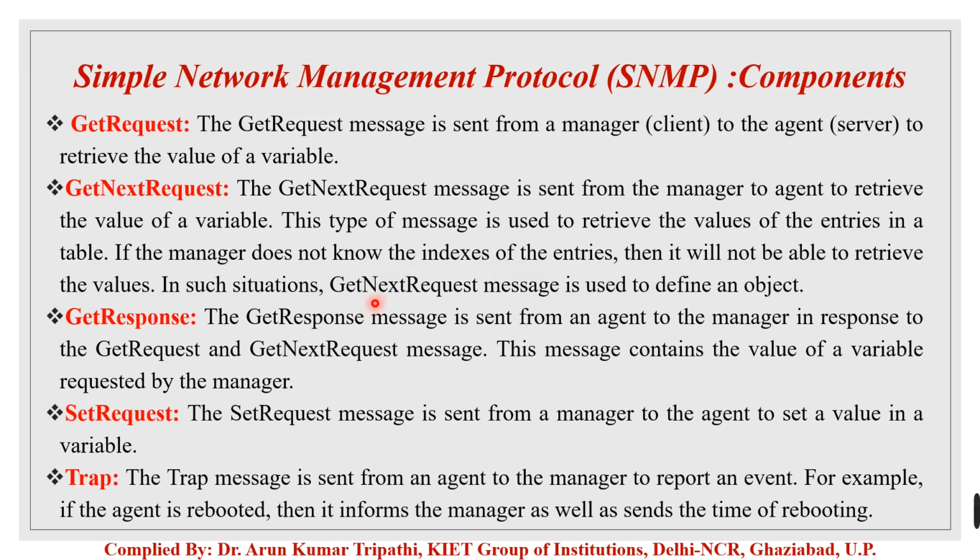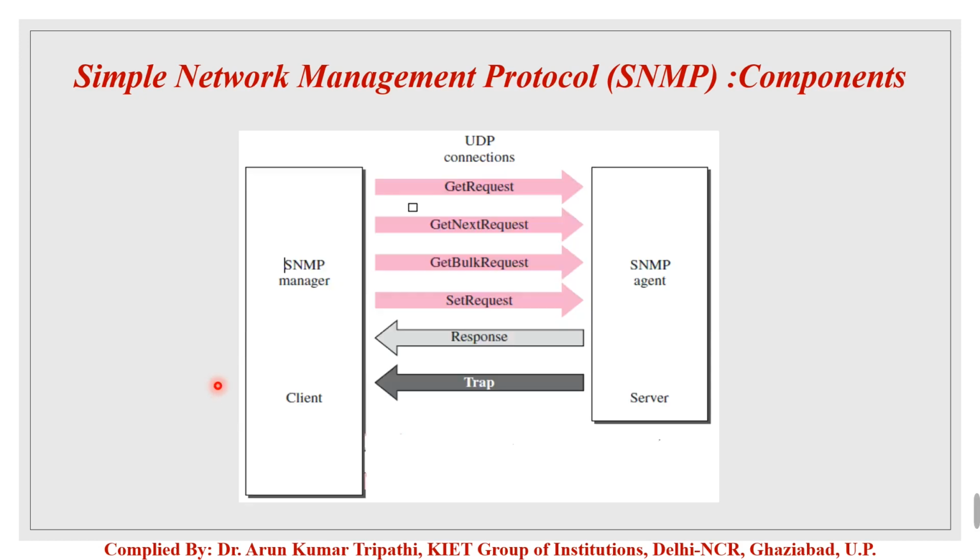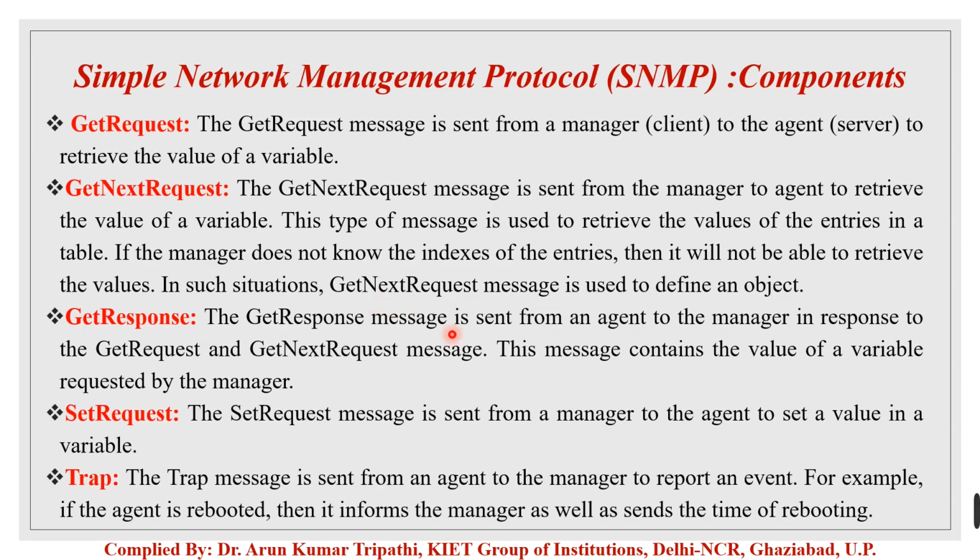In such a situation, get next request is used to define an object. So one more purpose is to define the object also. Get response: the get response message is sent by the agent to the manager in response to the get request message or get next request message. The message contains the value of the variable requested by the manager. Whatever value is requested by the SNMP manager, it will return back to it.